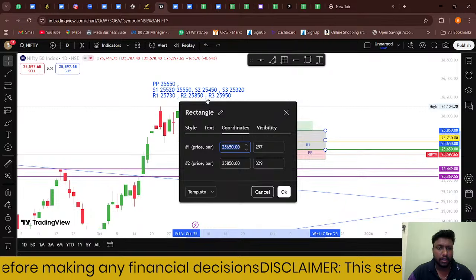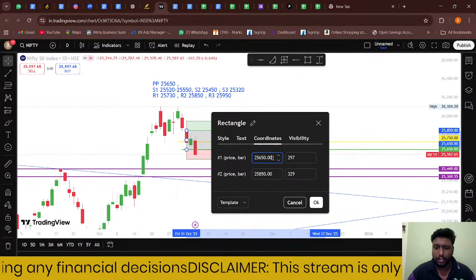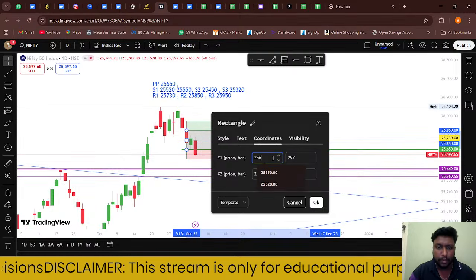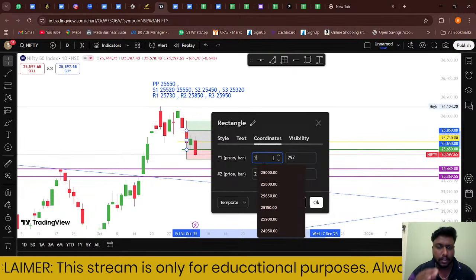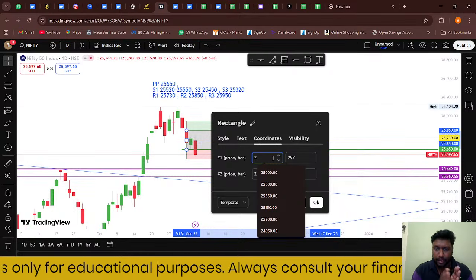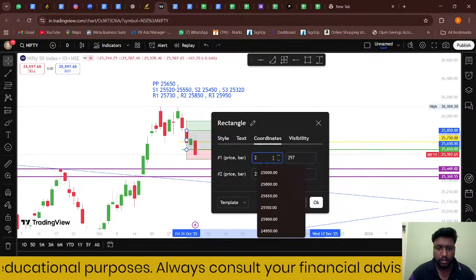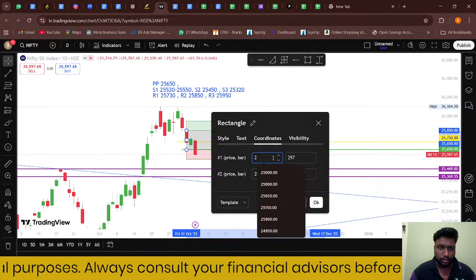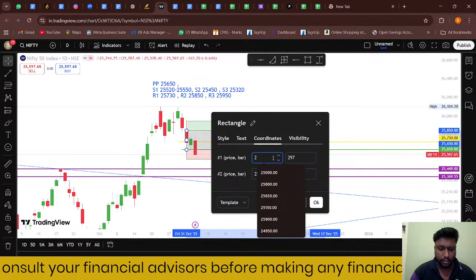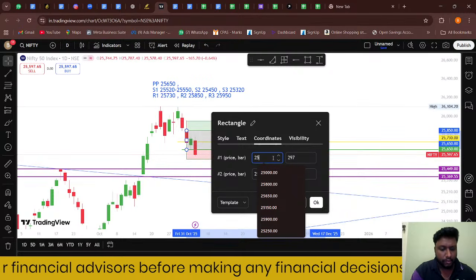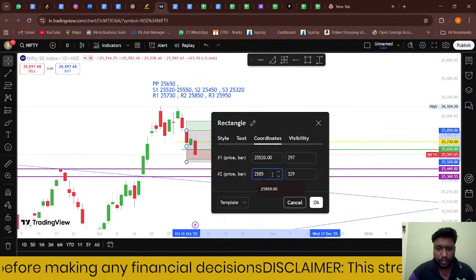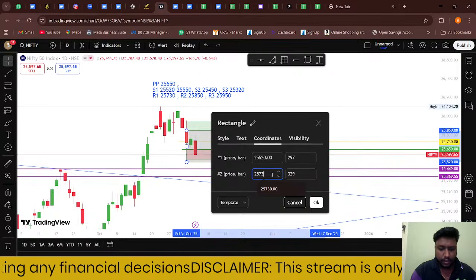So we will mark the consolidation range. What if Nifty stays in consolidation? This will be in between support 1 and R1. We consider this the consolidation or sideways zone if Nifty tends to remain in that range-bound market scenario. Support 1 is at 25,520, as we know, and R1 is at 25,730.